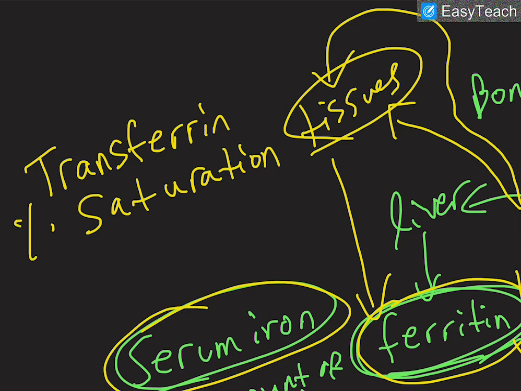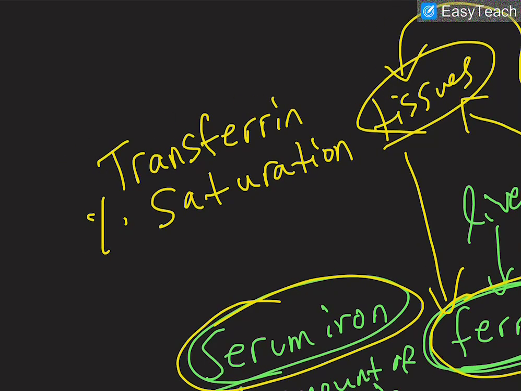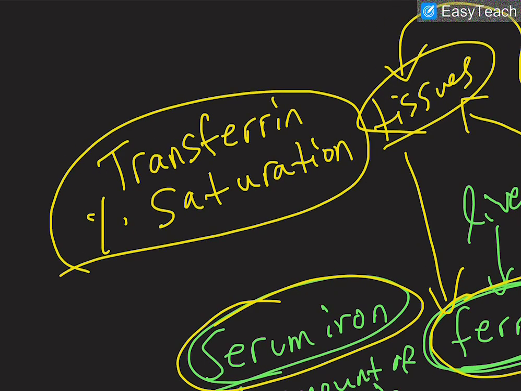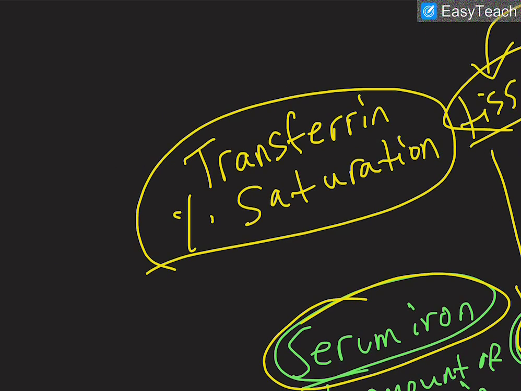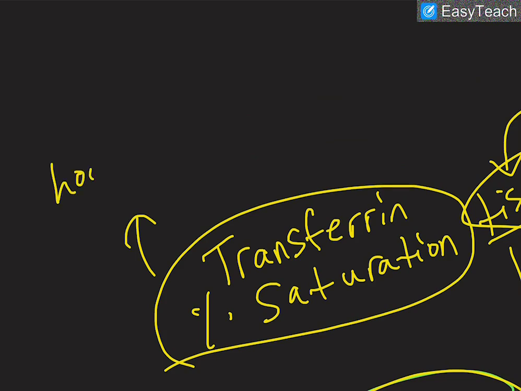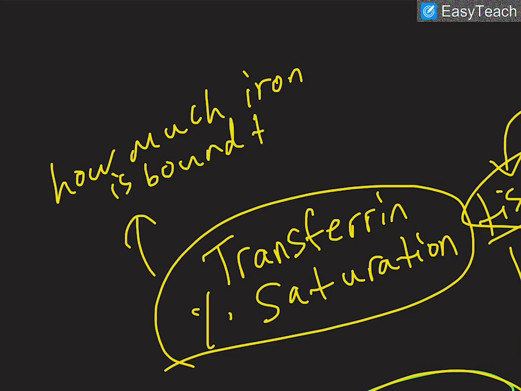Now, why is this important? Because we use this when we're talking about labs, when we're talking about anemia. Percent saturation of transferrin is measuring how much iron is bound to transferrin.